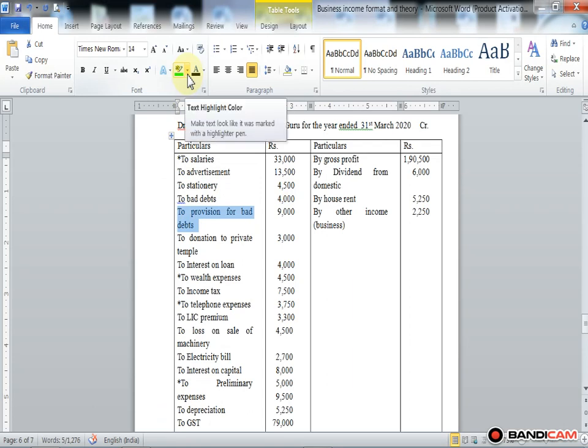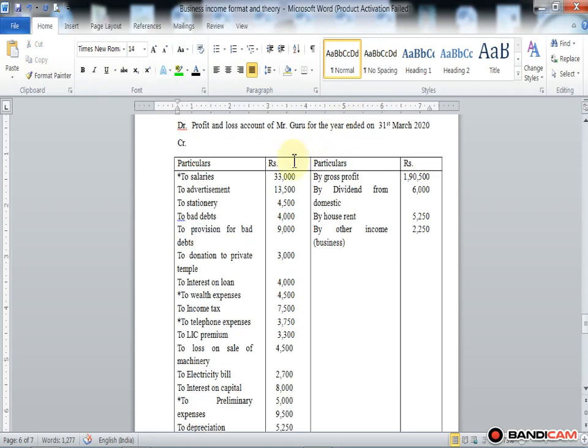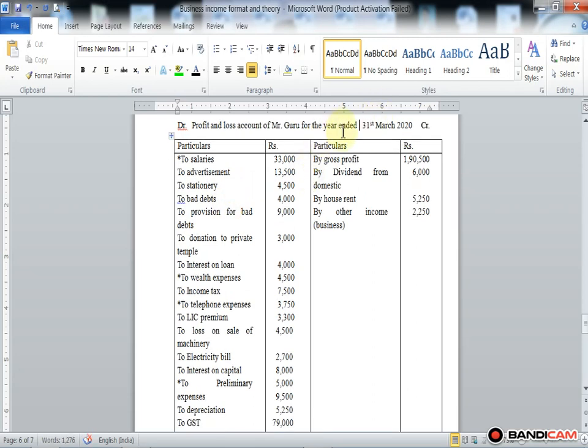Okay, we explain the format. So we follow the format for computing the income or total income of the business. So all provisions and reserves are disallowed.